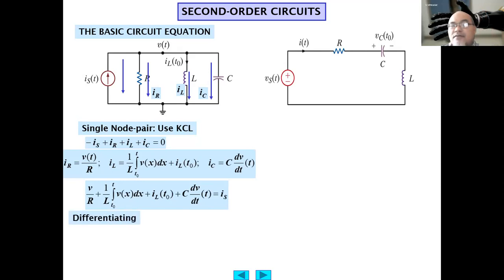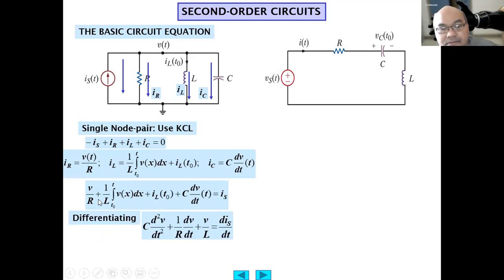Since this equation still contains an integral and a differentiation, we can simplify it by differentiating each term one time. So it becomes 1 over R dV/dt, this is the first term.